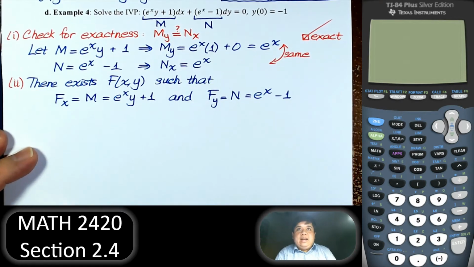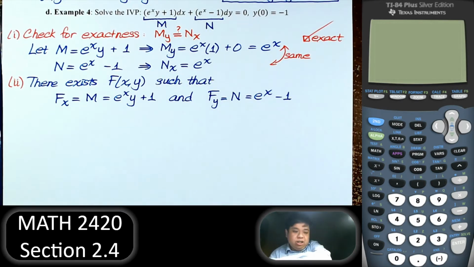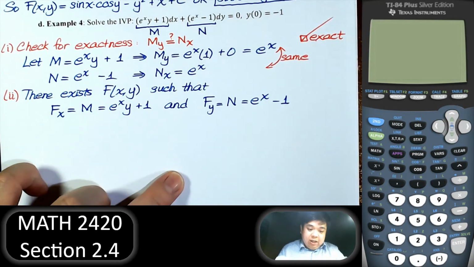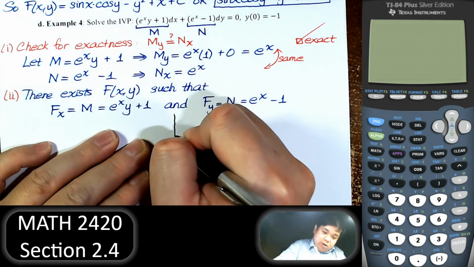Right, and then to solve an exact equation, we do this two-step process: integrate and differentiate with respect to x and with respect to y, in whichever order we want.